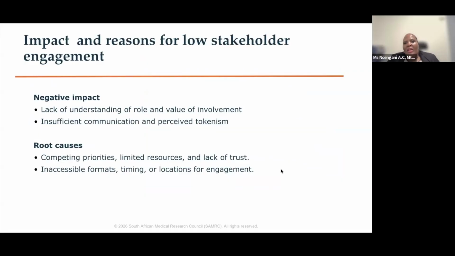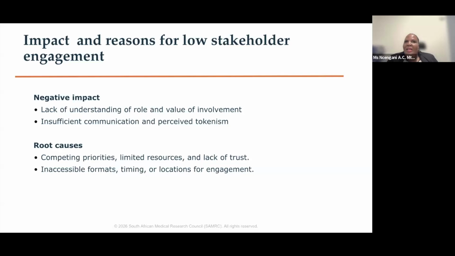When we engage stakeholders, we always strive to engage them fully so that we don't have challenges where our engagement is weak, leading to negative impacts. These could include the lack of understanding about our work, poor definition of their roles, as well as the value of engagement and perceptions about our work. So these negative impacts could be caused by competing priorities, limited resources, as well as lack of trust.